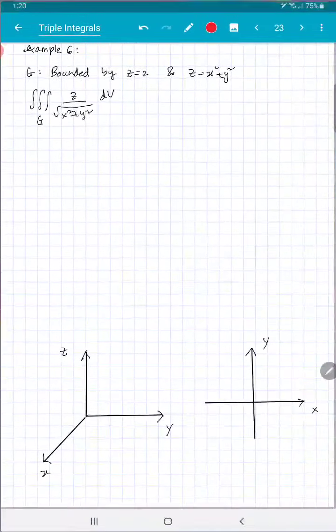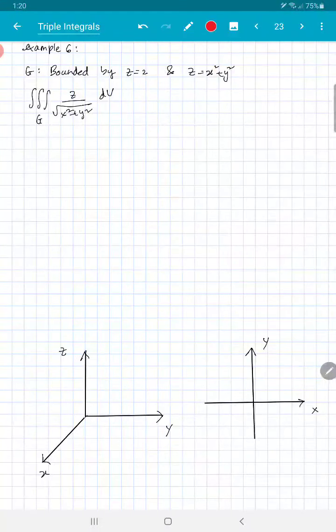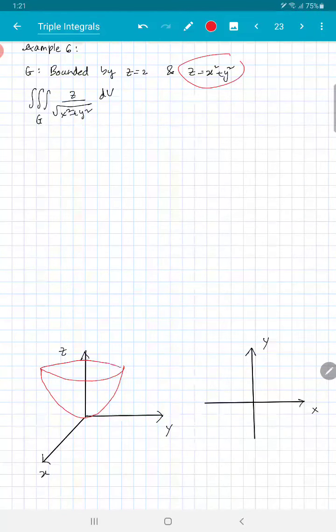Okay, let's sketch our paraboloid first. This is our paraboloid z equals x squared plus y squared. Again, if you don't remember this, you just draw the traces: the view from the front, the side, and from above. So what we have is a paraboloid, a combination of parabolas, and it can go up forever, but then we have this plane z equals 2.